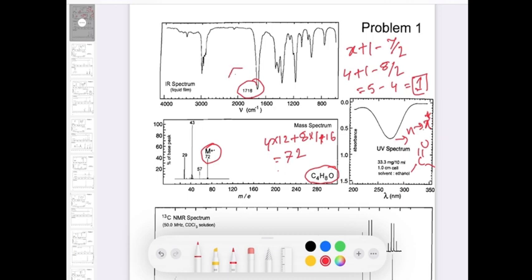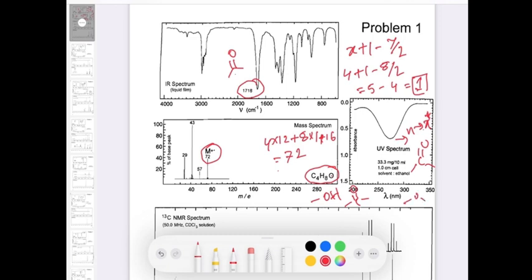So you have a carbonyl group, and as I mentioned in my IR NMR and soda NMR videos, if you have one oxygen, you can think of a couple of functional groups. First of all, it can be a hydroxyl, an alcohol group, it can be a carbonyl group, and it can also be an ether group.